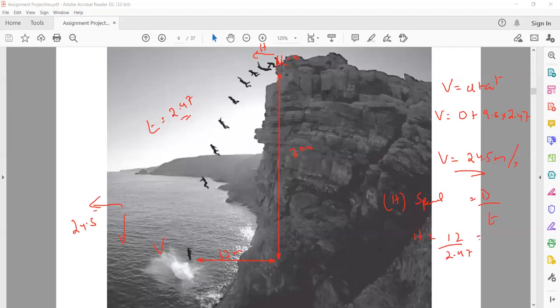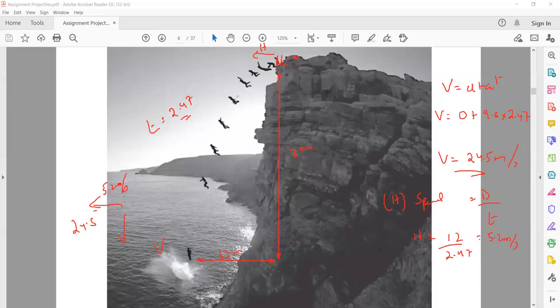So that will approximately be 12 divided by 2.47. That's the answer. 5.2 meter per second. That is equal to 5.2 meter per second.